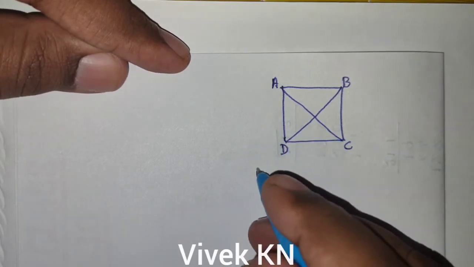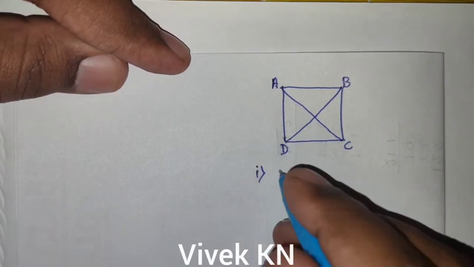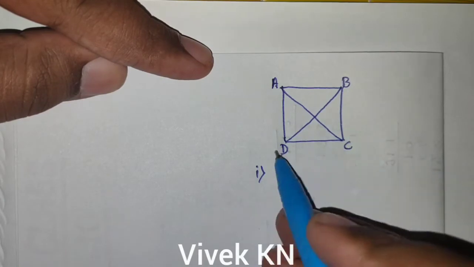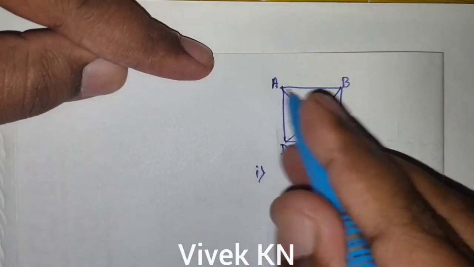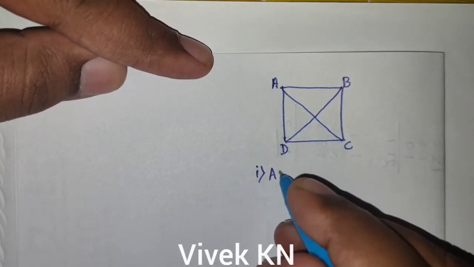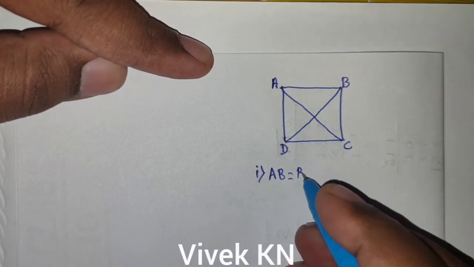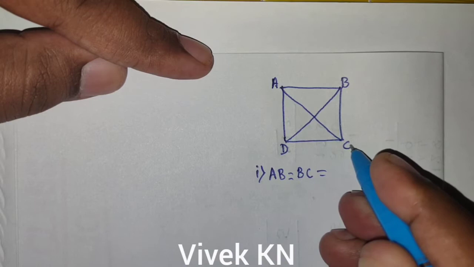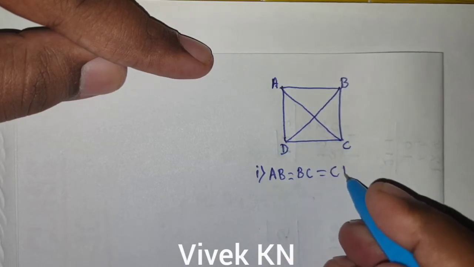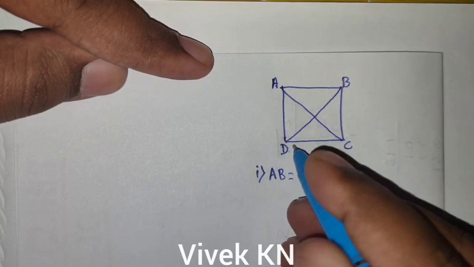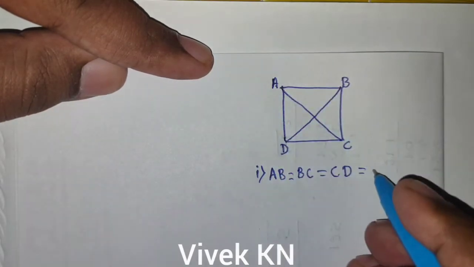That is, the first property is all sides must be equal. That is, the side AB must be equal to the side BC, that must be equal to the side CD, and this must be equal to the side DA.